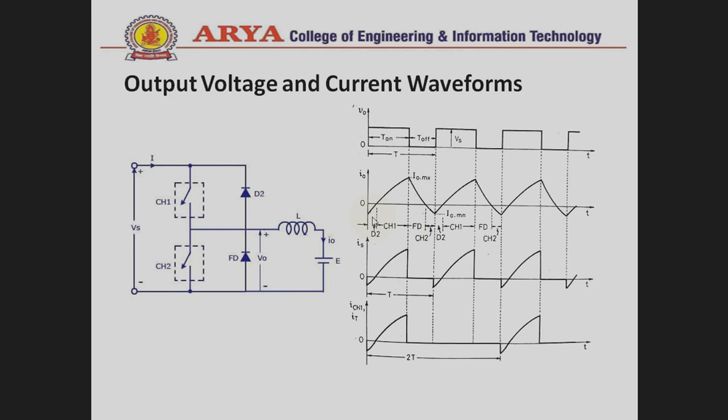In other words, CH1 and freewheeling diode operate together as a type A chopper and CH2 and D2 operate as a step up chopper. So average load voltage is always positive, but average load current may be positive or negative in this diagram.